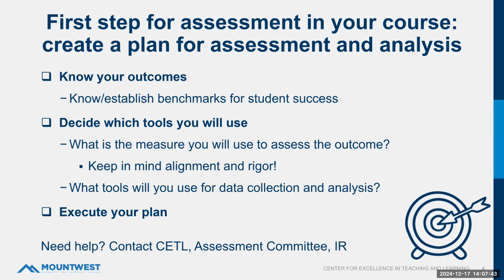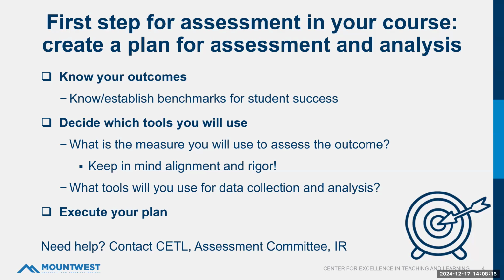So you want to make sure you have a plan before the semester starts so you make sure you're collecting your data. As you create your plan, the first thing you need to know is your outcomes. I know we're all moving to assessing every outcome in every course every year. I know we did a lot of outcome work recently, but they should be student friendly and we should make sure they are measurable. As you consider your outcomes, you also need to consider how you are going to determine if your students met that outcome. Did they achieve it or not?